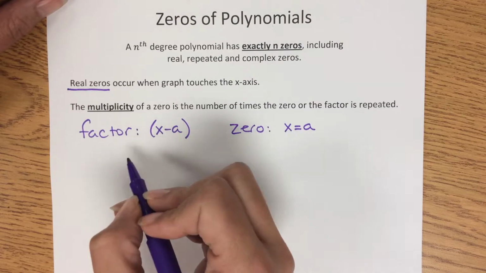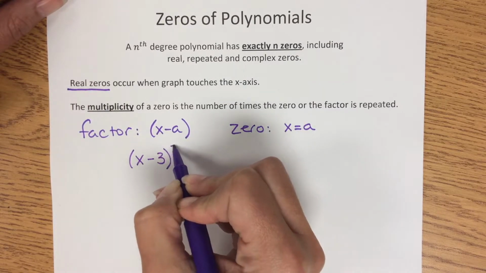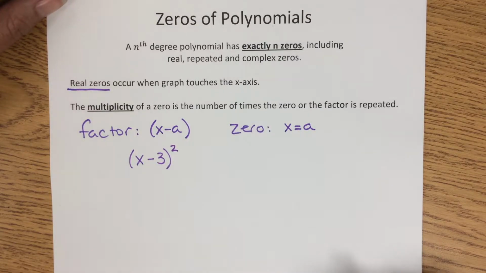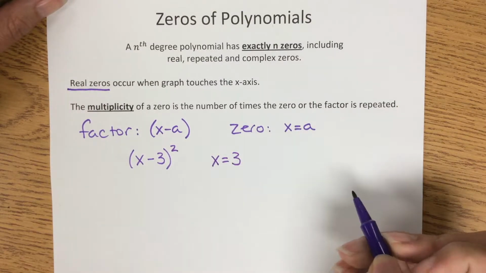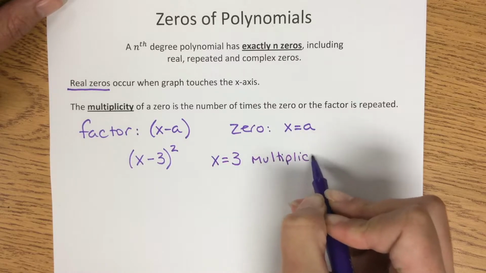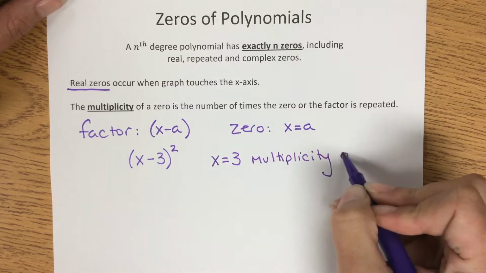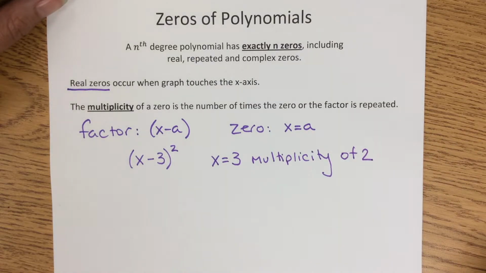If you have a factor (x minus 3) squared, this factor is repeated twice. Therefore, x equals 3 is a zero with a multiplicity of 2. So the exponent will give you the multiplicity if it is in factored form.